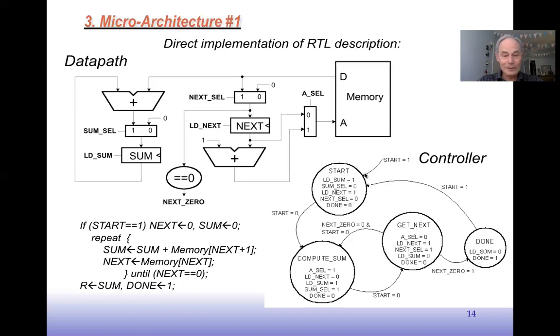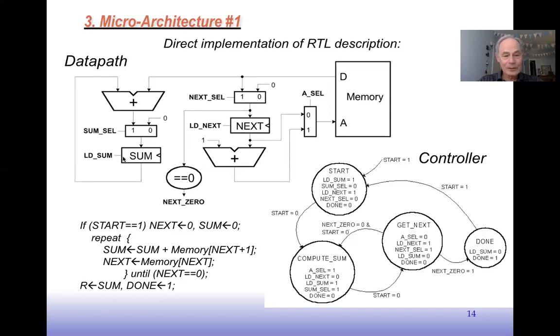If start is equal to 1, then it pushes us into this start state, and the control signals are set here. This is a Moore machine, so the control signals are set according to the description I went through a minute ago. For instance, load sum equals 1.